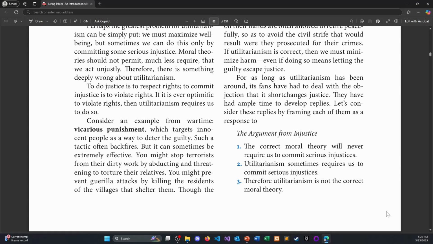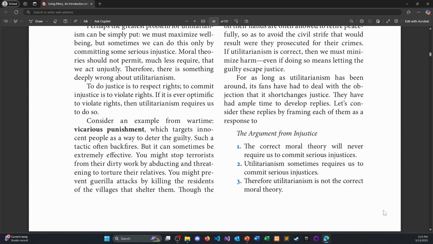If that's true, then what could be a counterexample to utilitarianism? Well, maybe if we prioritize justice, and justice doesn't result in the best well-being for the most people, then justice would be a counterexample. So we can set up an argument just by thinking about counterexamples, and then we have a good argument against utilitarianism.